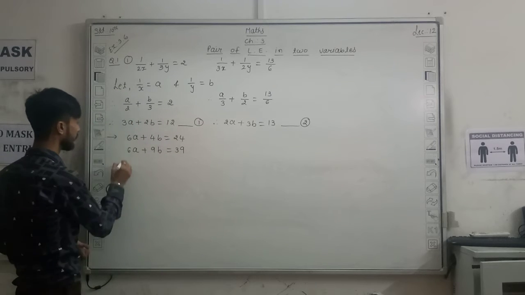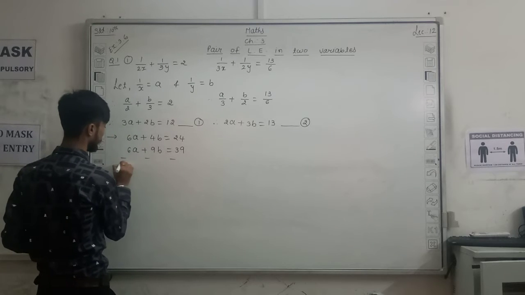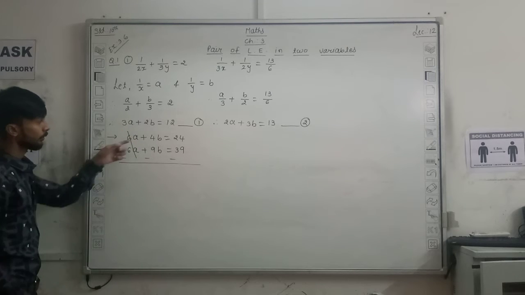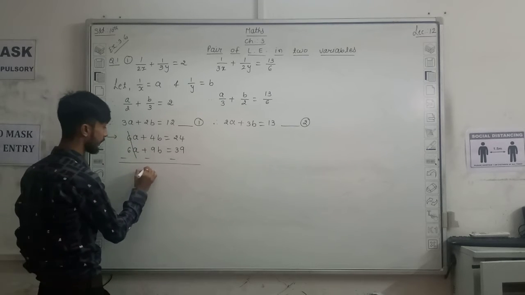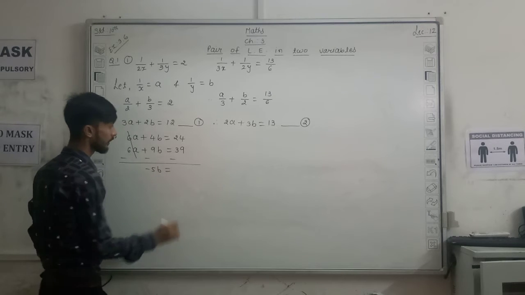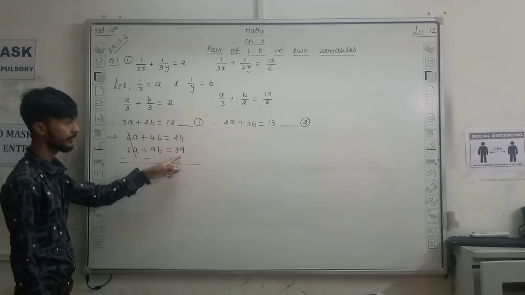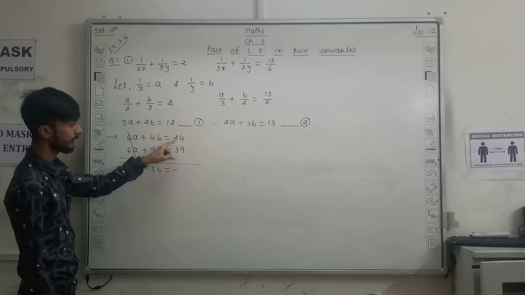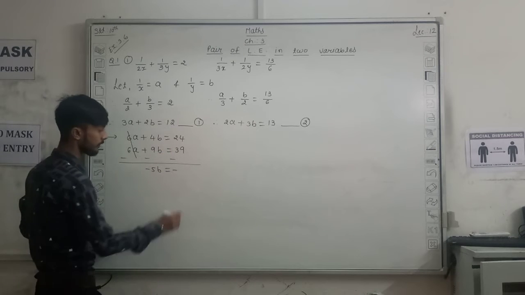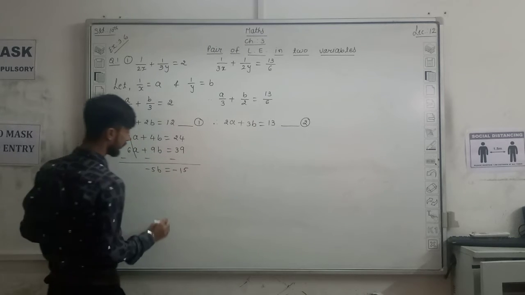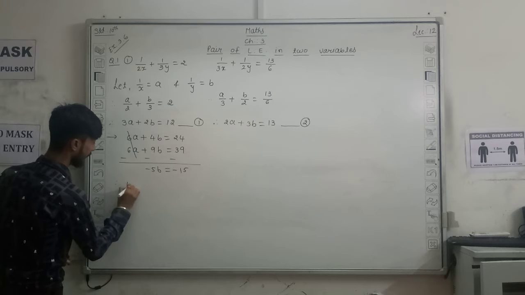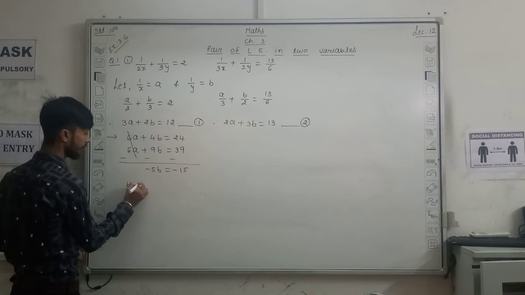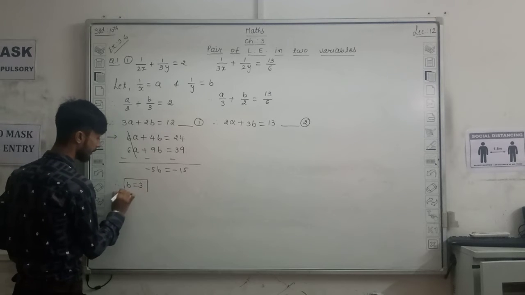Okay, now change the sign. 6a minus 6a cut. 4b minus 9b, that is minus 5b, equals 24 minus 39, which is minus 15. Therefore b equals minus 15 upon minus 5, so 5 3s are 15, so the value of b is 3.